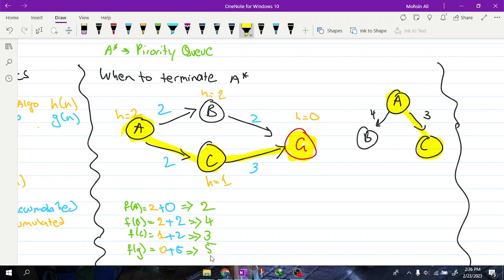But that's not the case, because if I had this value as 2 and this value as 3, the total cost to get from A to G is 5. And the value to go from A to B to G is actually 4, because that's 2 plus 2. So the path through B is shorter than the direct path from A to G. In reality, we are only using heuristic cost to figure out where the goal is.